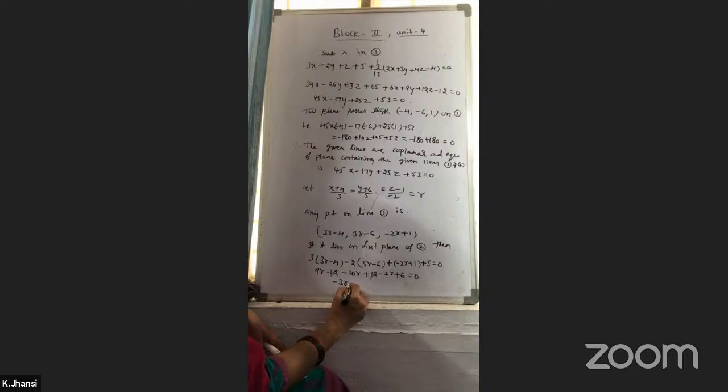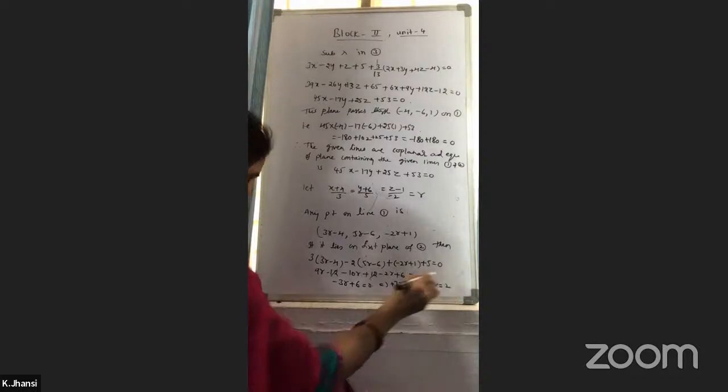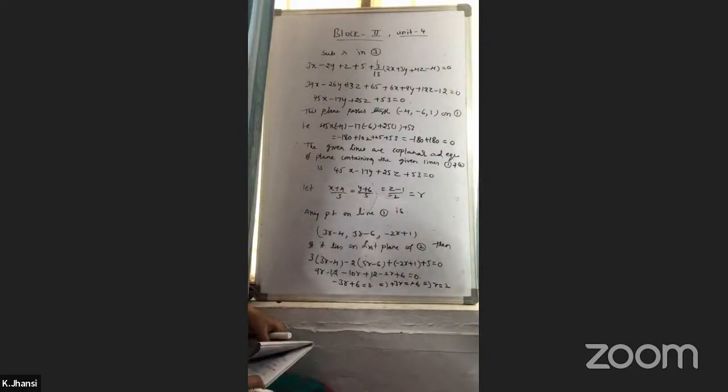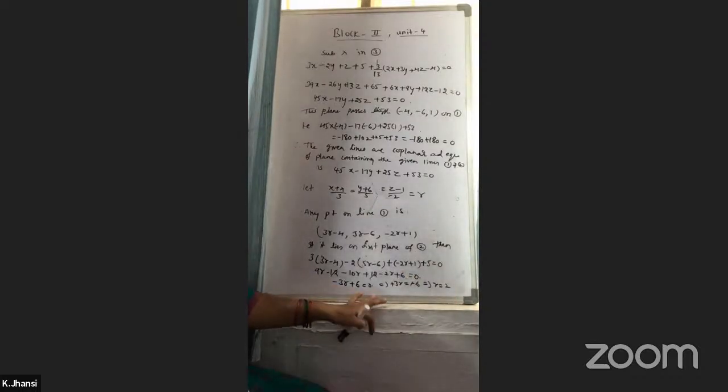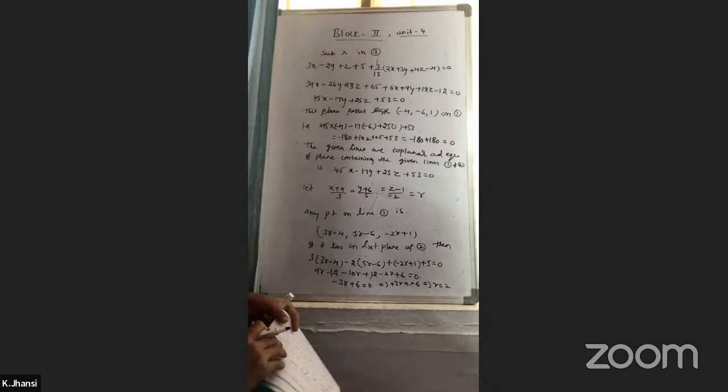Here 6 is there, plus 6 equals 0. This implies minus 3r equals minus 6. So r will be 2. So the r value is 2. Okay. Now substitute this r value here and you will get the point of intersection. Substitute r equals 2.